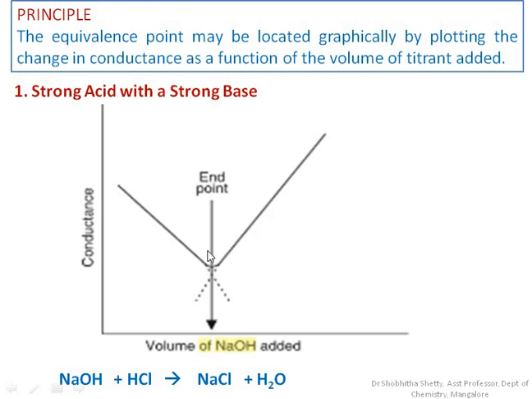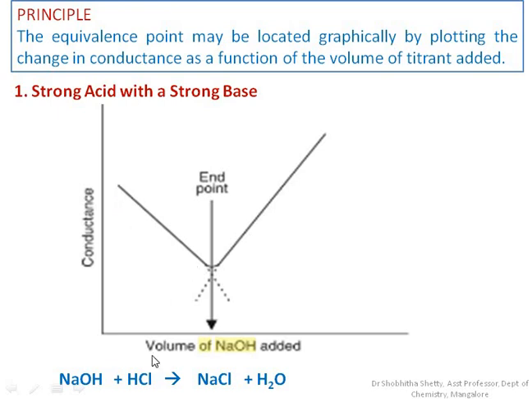This point where there is a change in the conductance value, where it starts increasing, we call the equivalence point or end point. Why is there an increase in the conductance value? As you go on adding NaOH, HCl and NaOH react, NaCl and water are formed, and the H+ ions are replaced by Na+ ions.